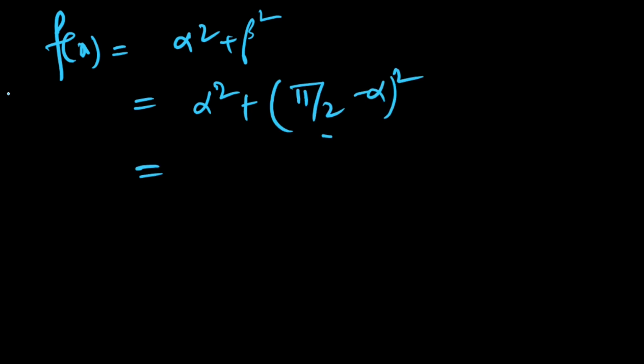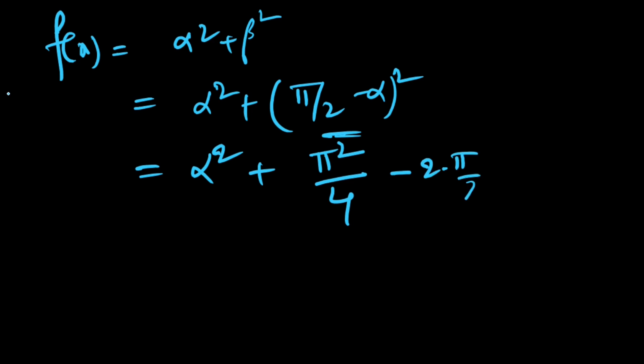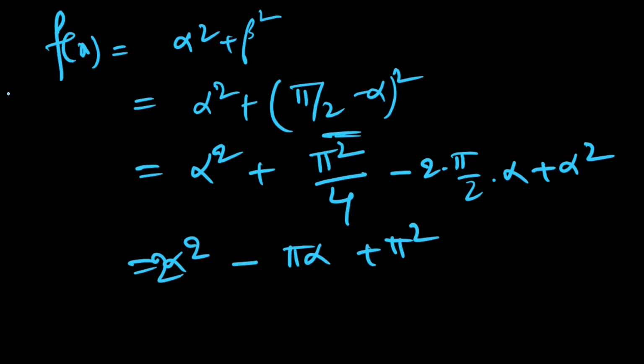Therefore we expand this term using (a minus b) whole square. That is alpha square plus pi square by 4 minus 2 into pi by 2 into alpha, plus alpha square. That actually gives 2 alpha square minus pi alpha plus pi square by 4.